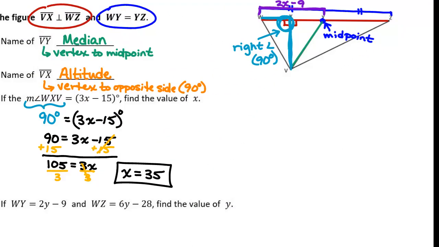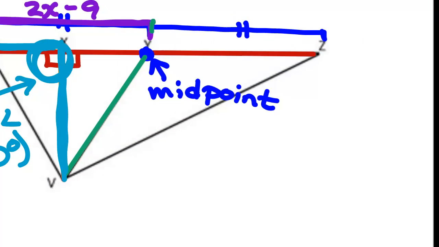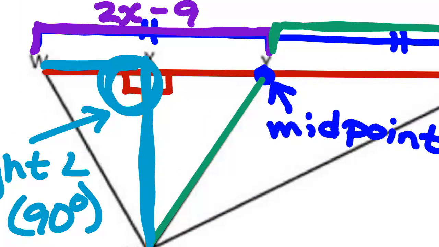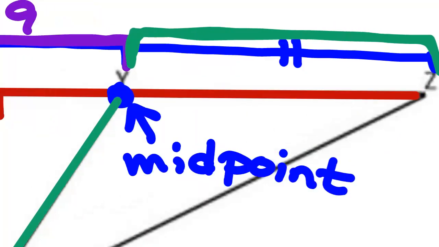And this segment over here, WZ, is, sorry, not x, 2y minus 9. My apologies, I read that variable wrong. It's 2y minus 9. The other one is 6y minus 28.